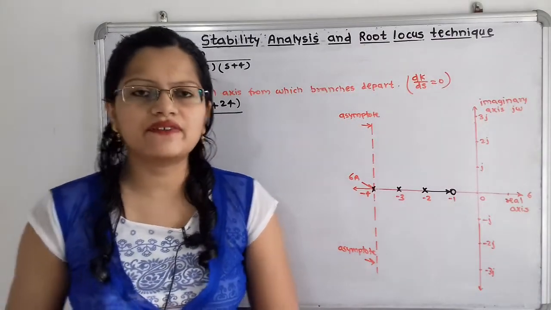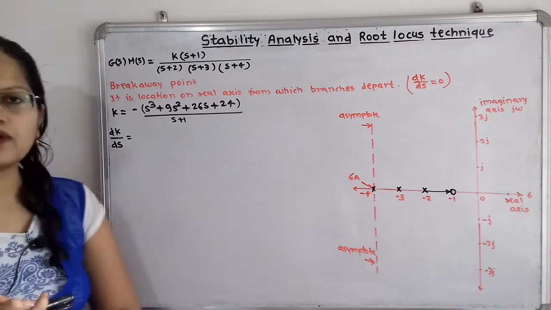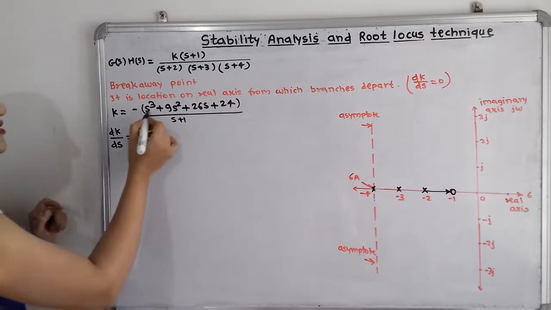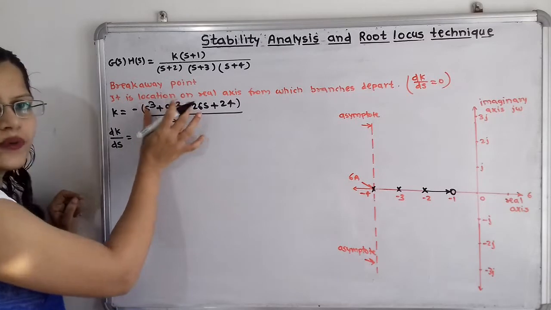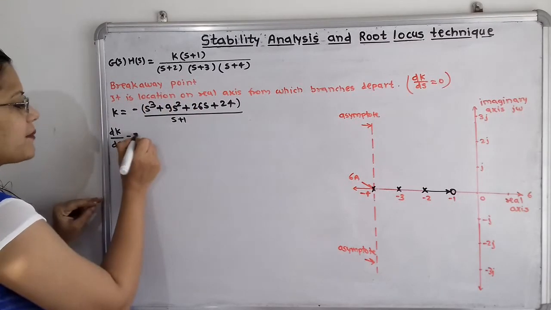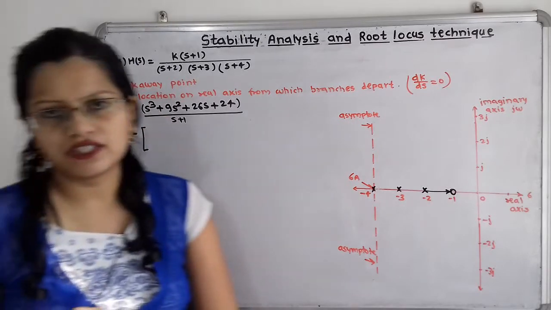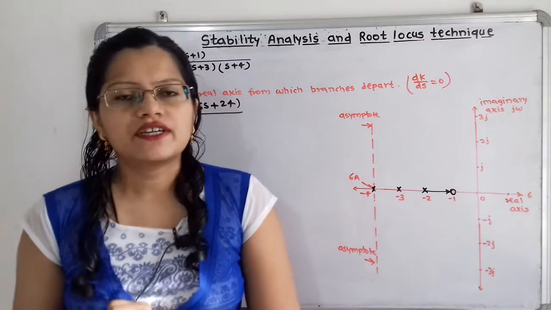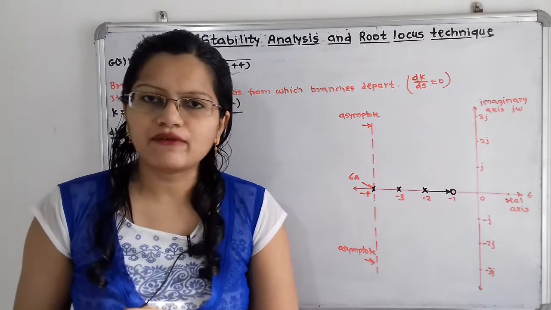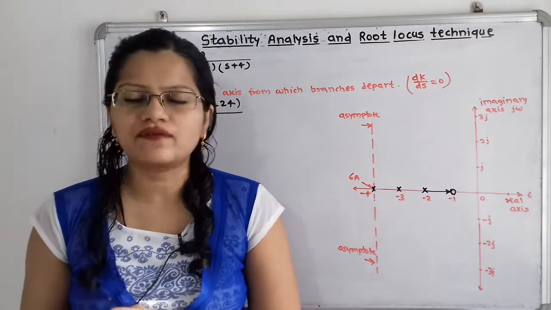Now we have to differentiate this K with respect to s. For that, this is the equation with numerator and denominator. So I will take the minus sign outside. Then how to take the differentiation? We know that we keep the denominator constant and differentiate the numerator.